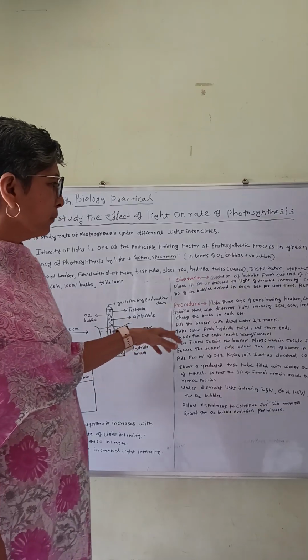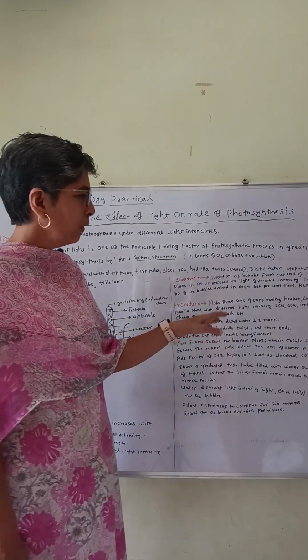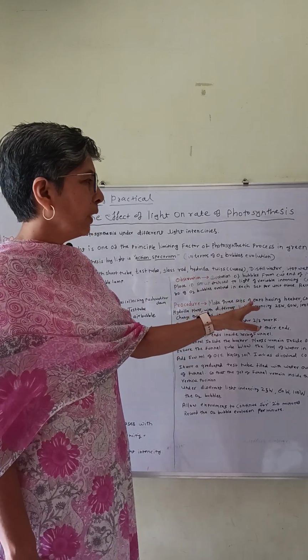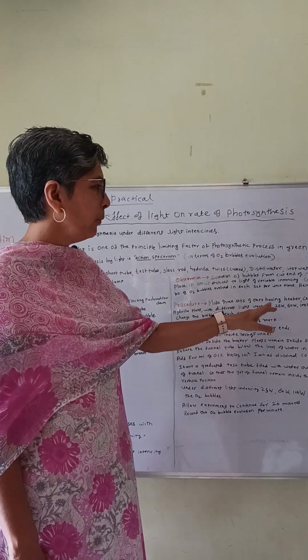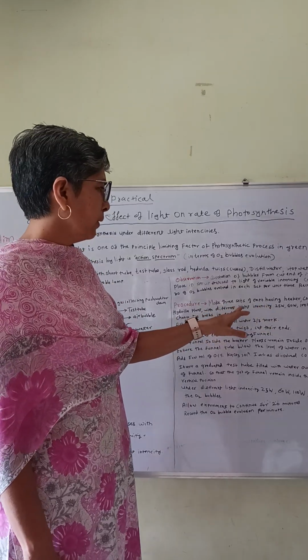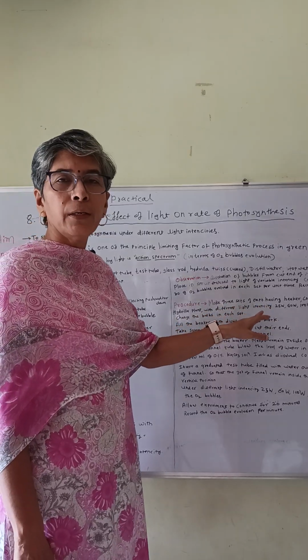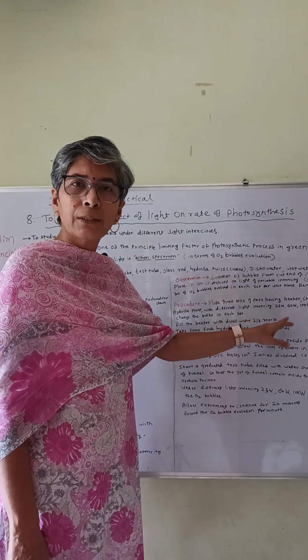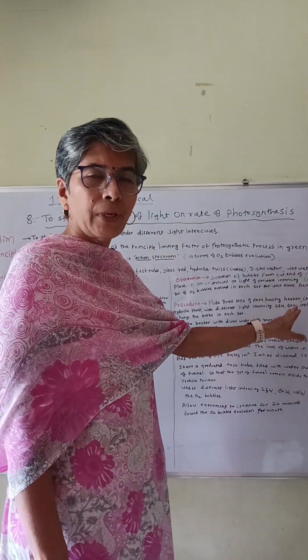Take one beaker, or you have to make 3 sets of the experiment, each having one beaker, conical flask, hydrilla plant and a different light intensity electric bulb of 25 watt, 60 watt and 100 watt.